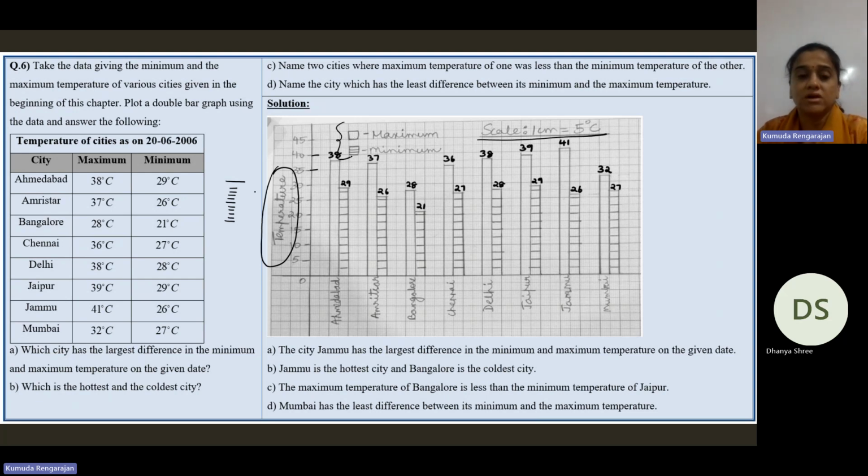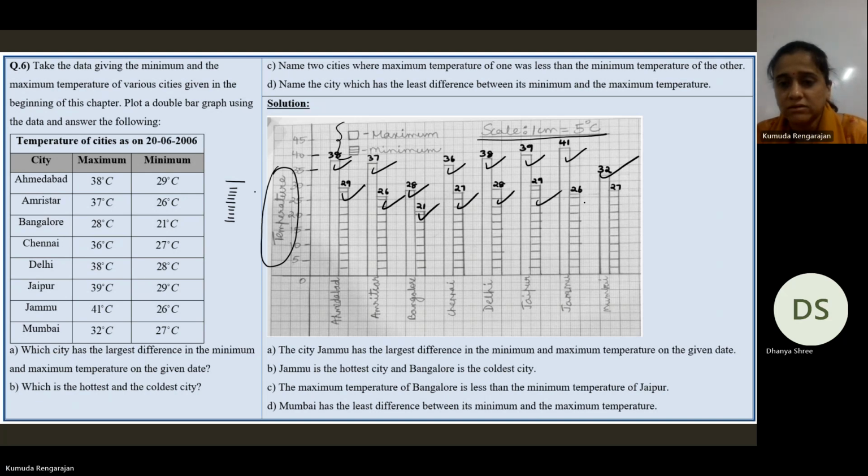Since it's a double bar graph, here it is maximum and minimum. The first rectangle is the maximum temperature in all the double bar graphs, and the second rectangle is the minimum temperature.